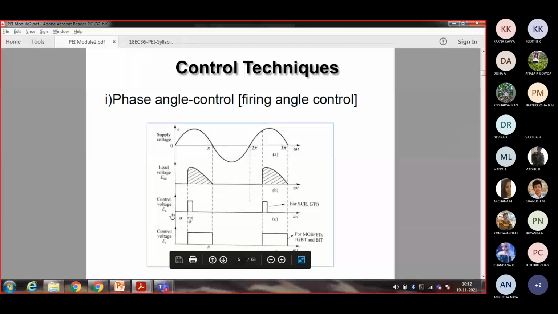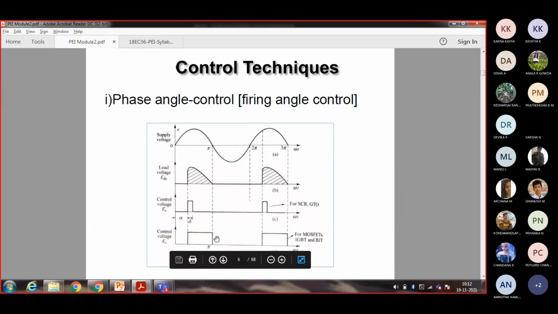Control voltage EC. For an SCR, if you're using it, till alpha we will not get any voltage. Once the trigger gate pulse, as we call it, has been given, only afterwards you get the control voltage EC for the SCR, and the control voltage for MOSFET, IGBT and BJT.